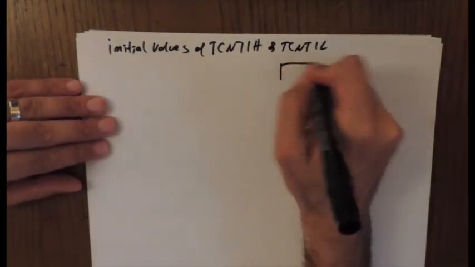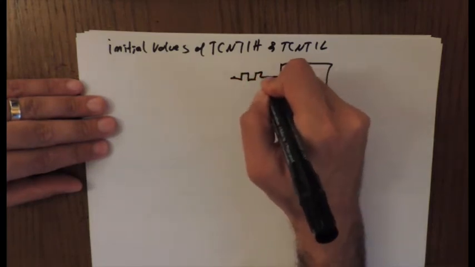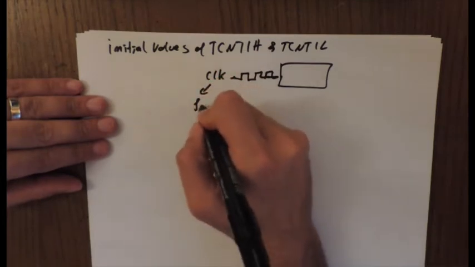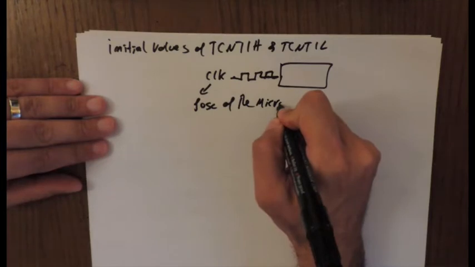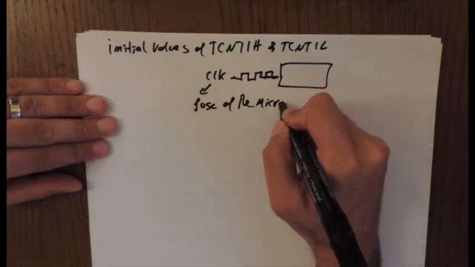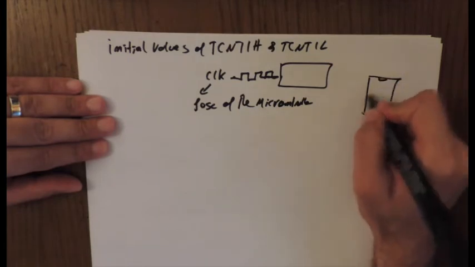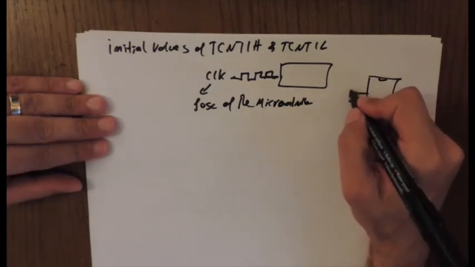Remember that the timer works on a clock, and this clock is fed by the oscillator of the microcontroller. So we have the microcontroller and we have the crystal that is feeding it.